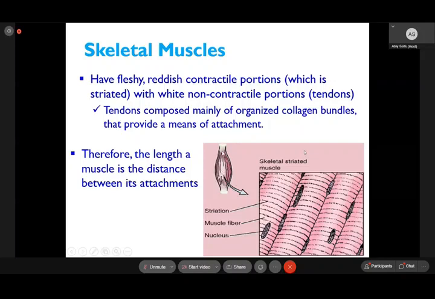And in the middle there is a belly, a reddish fleshy part, which is the contractile portion of the muscle. Therefore, the length of the muscle includes both of them, from origin to insertion.